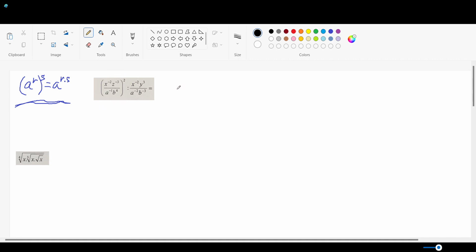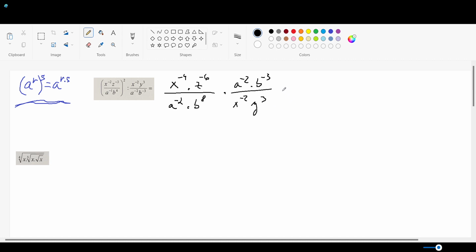Okay, it's gonna be x to the negative 4 times z to the negative 6 over a to the negative 2 times b to 8. And as we already know, division means multiplication, so we just switch the numerator with the denominator, so it's gonna be a to the negative 2 times b to the negative 3 over x to the negative 2 times y to the third power.